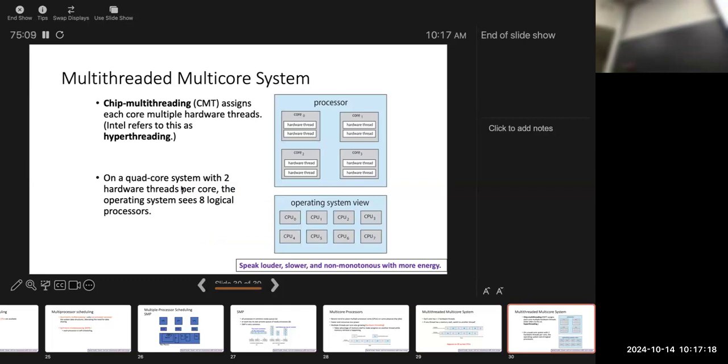But from the operating system perspective, each hardware thread appears as a single CPU, a logical CPU, not physical. Logically, it treats each thread as a single CPU, like CPU 0, CPU 1. So there are in total 8 logical CPUs. Why 8 logical CPUs? Because there are 8 hardware threads and each hardware thread runs independently of the others, right?